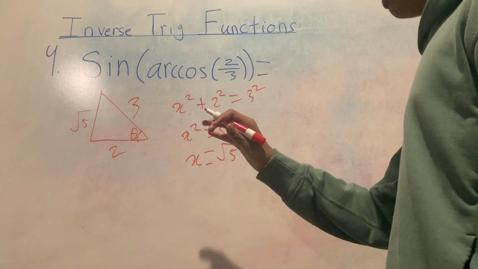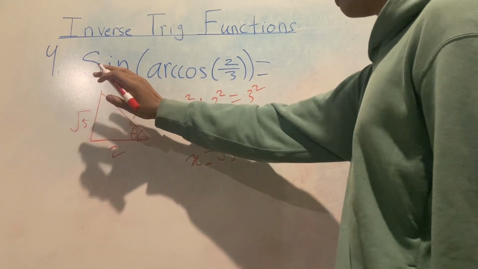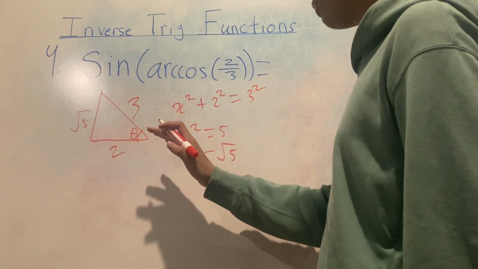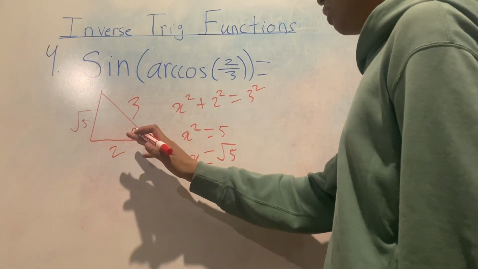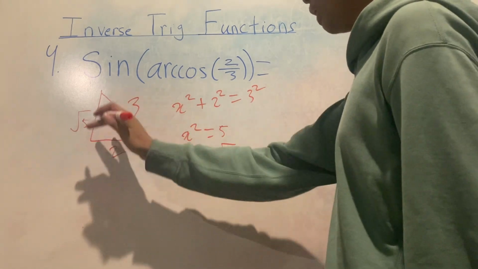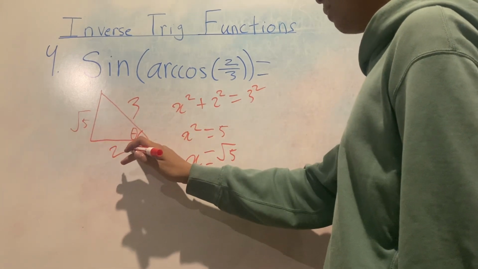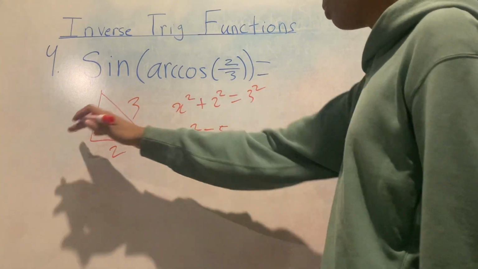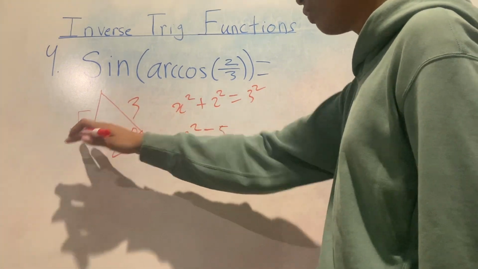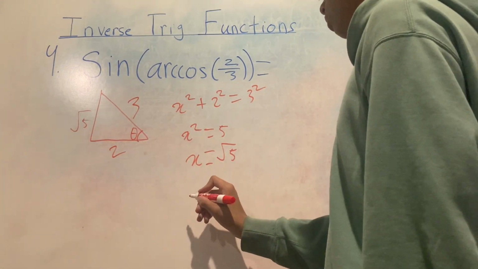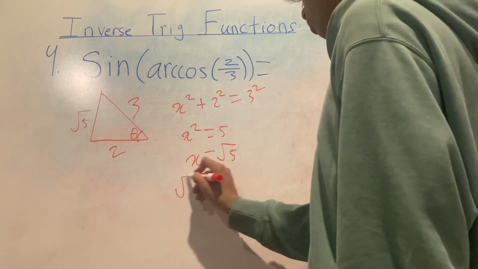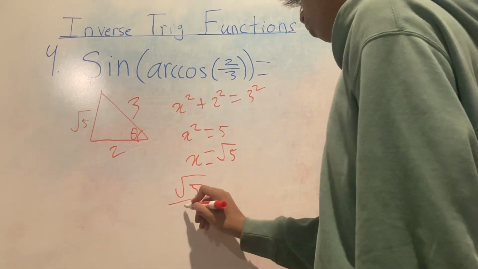And now, because this is inside the sine function, all we have to find is the sine of theta. We're given all the sides and theta. Sine of theta is opposite over hypotenuse, so root 5 over 3. So the answer is just root 5 over 3.